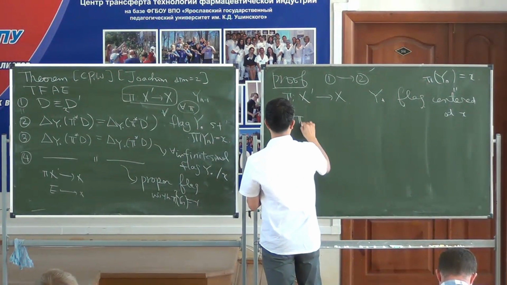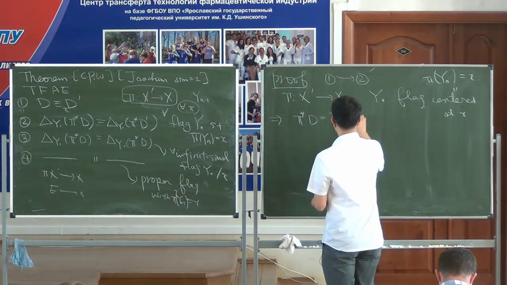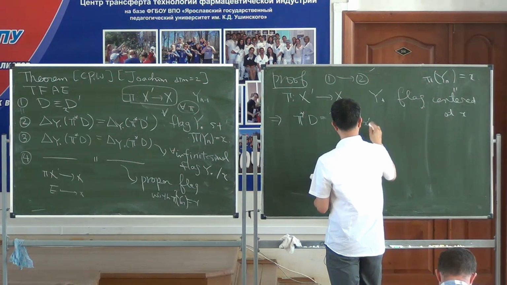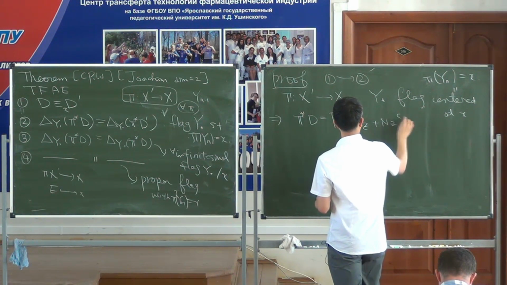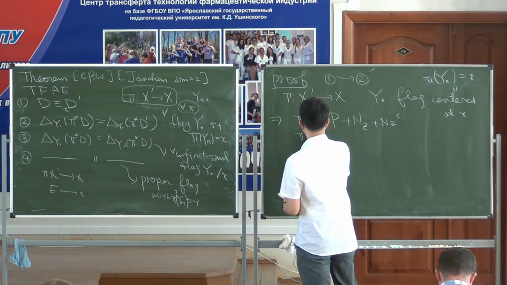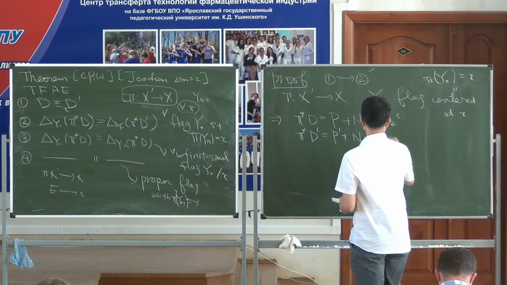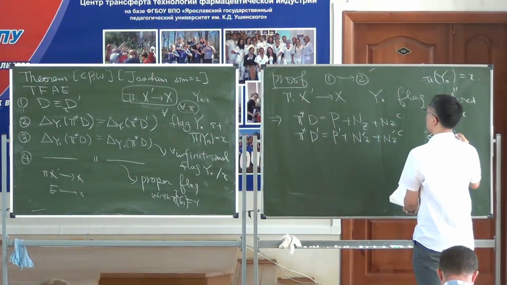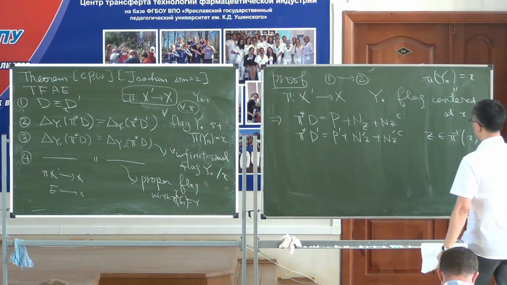Then pi(D) is P. So we consider the refined divisorial Zariski decomposition. So pi^*D is P plus N_G plus N_G complement, where G is mapped to x.